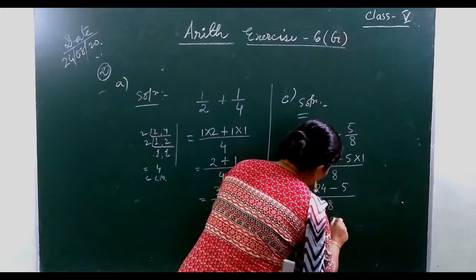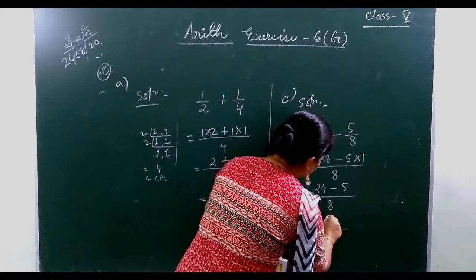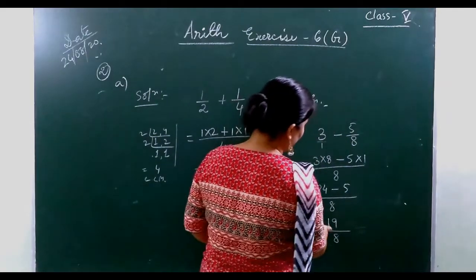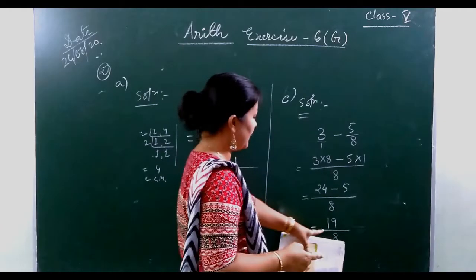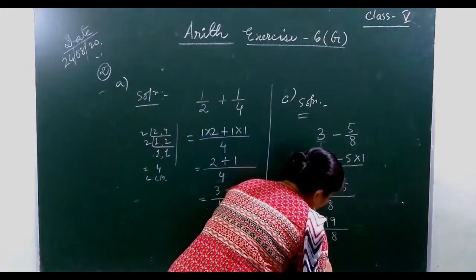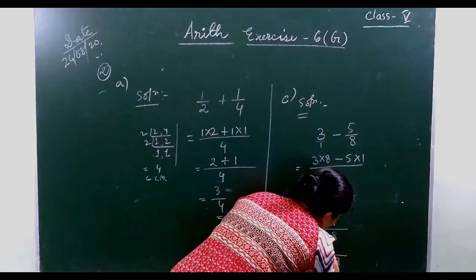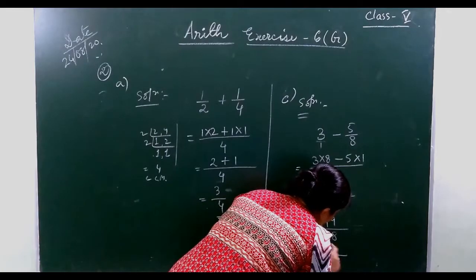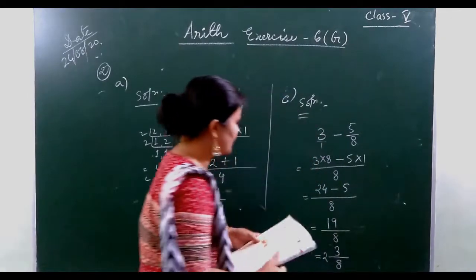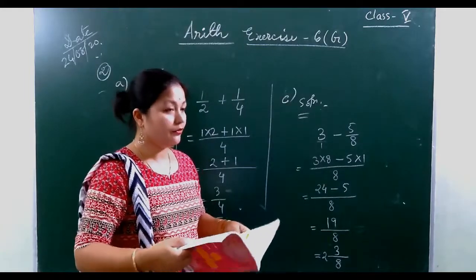Then we will subtract, so 19 by 8. So 19 by 8 is in improper form, so we will change it into a mixed fraction. 8 2 times 16, 17, 18, 19, so 3.